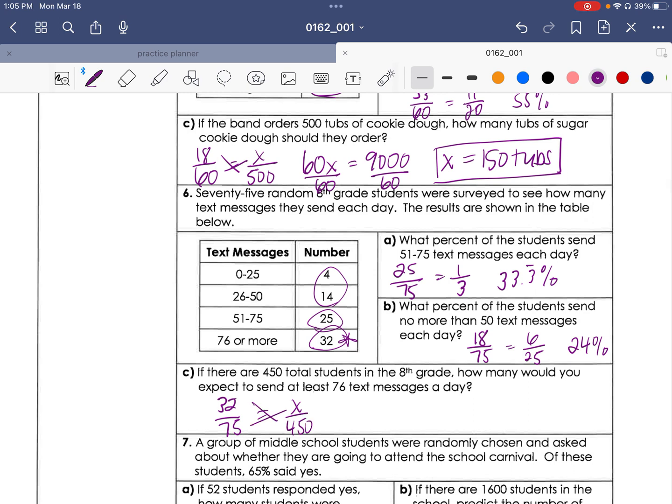So we're going to cross multiply. So we have 75 times x is equal to 32 times 450, which is 14,400. And we're going to divide by that 75. So the total number of students would be 192 students.